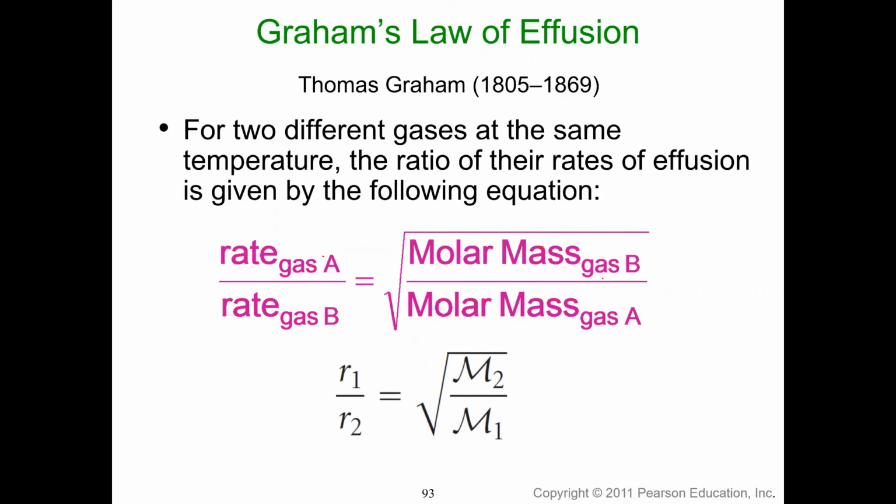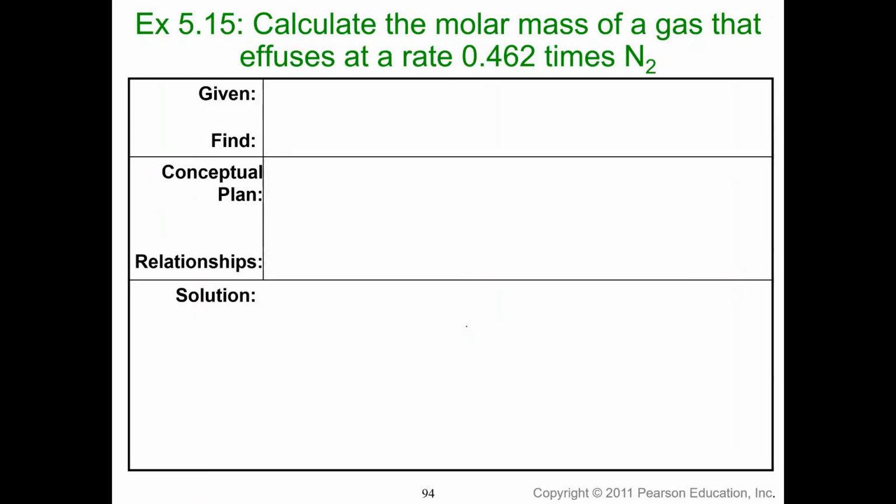And in your text, this is all you have, rate of 1 over rate of 2. You see that's the molar mass. This is kind of opposite, square root of that. Okay, let's see some applications in solving problems.